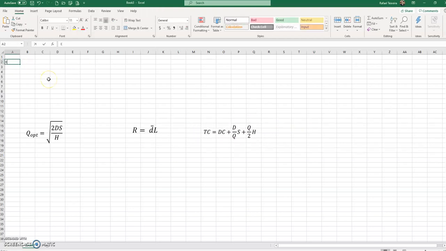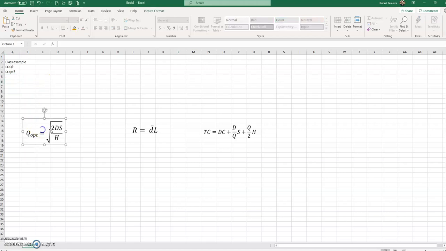So this is our class example. We want to find the economic order quantity. What is the Q optimal that tells us how many units we have to order every time we place an order?